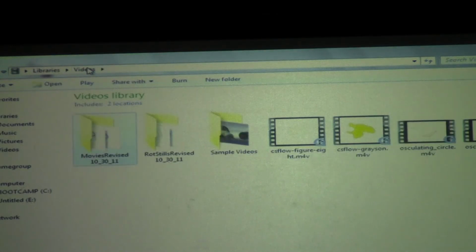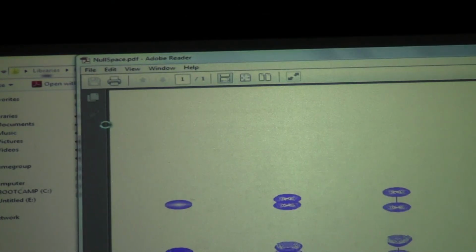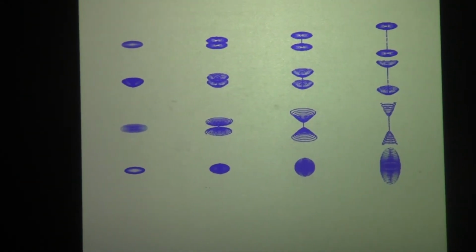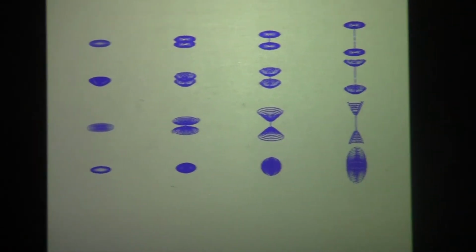So there's more. Okay, so here's the zoo. Okay, so what are these? These are solutions, all these are, again, solitons.